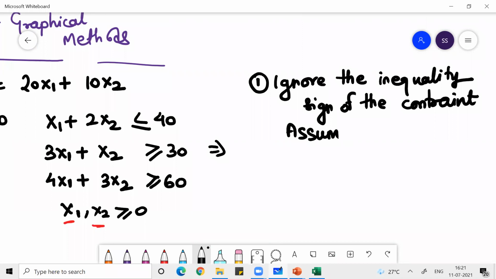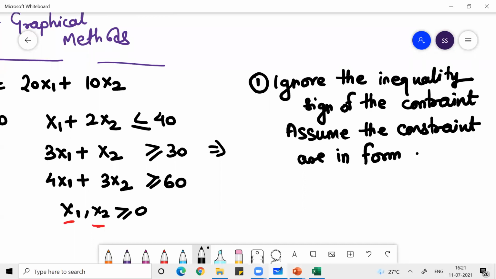Assume the constraints are in the form of linear equation. Assume your constraints are in the form of linear equation. Ignore the inequality sign of the constraint.